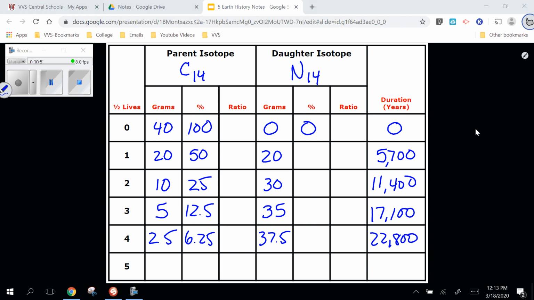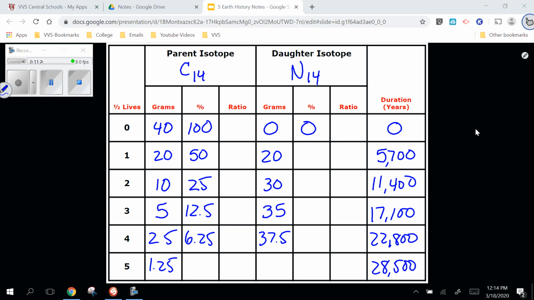Let's do one more half-life after 22,800: that's 28,500 years. 2.5 is going to be down to 1.25, right?